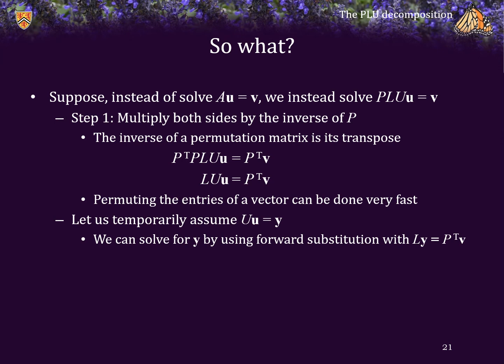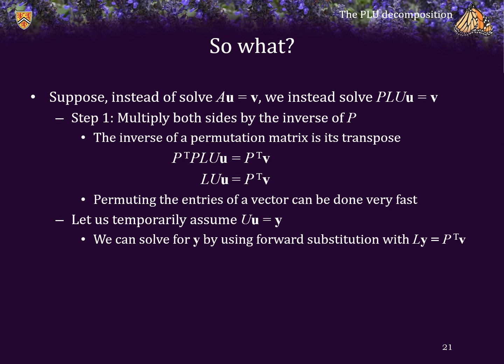Okay, now we have a lower triangular matrix times an unknown vector is equal to a permutation of a target vector. But if L is a lower triangular matrix, then we can just solve for the unknown vector Y by using forward substitution. That's fast. That's reasonably efficient.